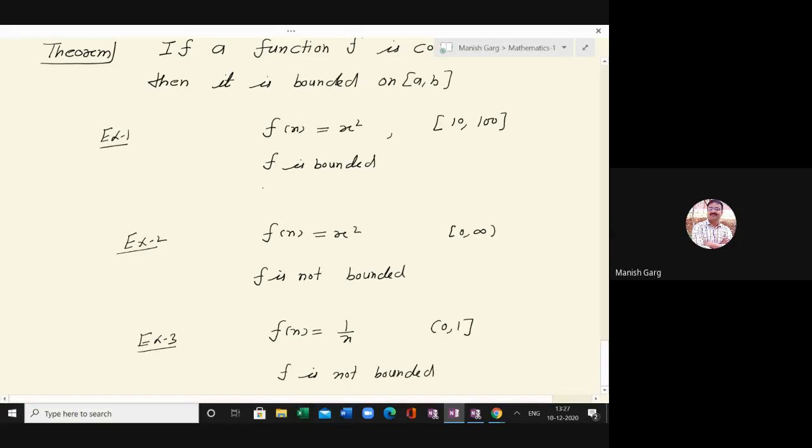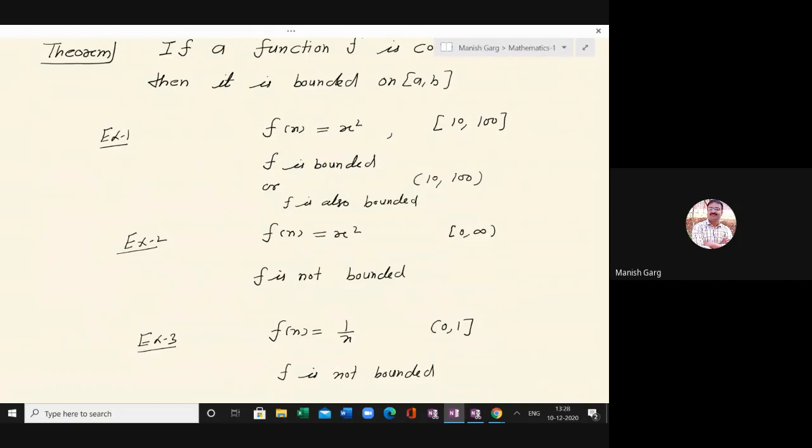However, it may be a chance that in this case, if you take the open interval 10 to 100, then f is also bounded. So what I am saying, if f is continuous and the interval is closed, then you can say 100% f is bounded. But if the interval is open, it may or may not be bounded.